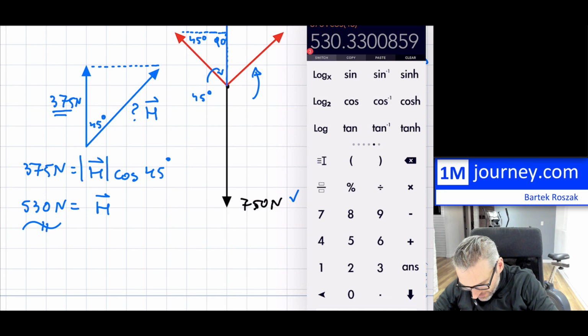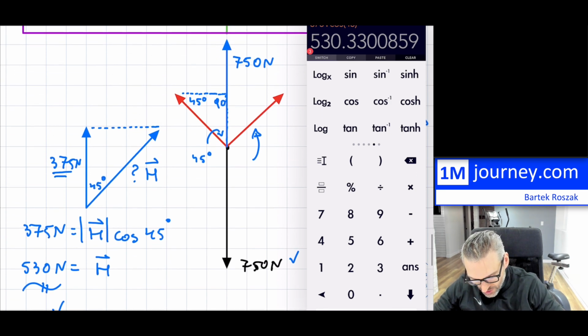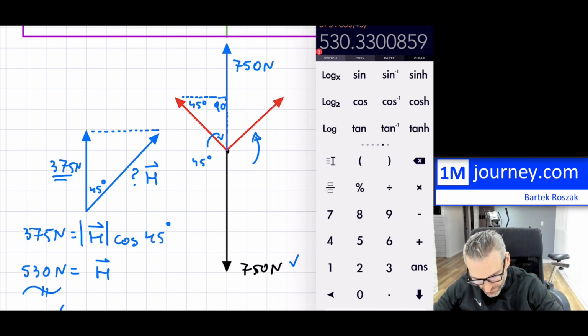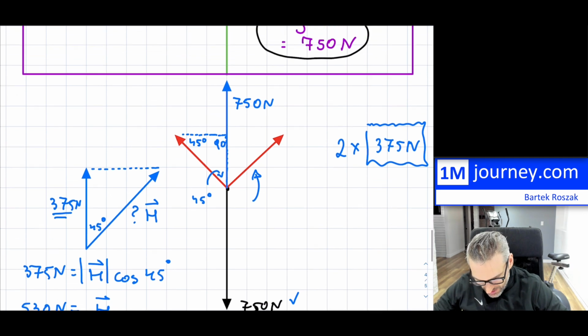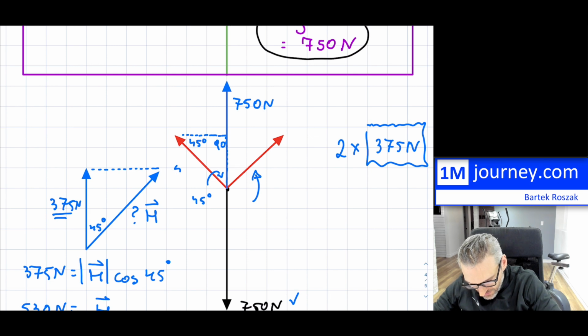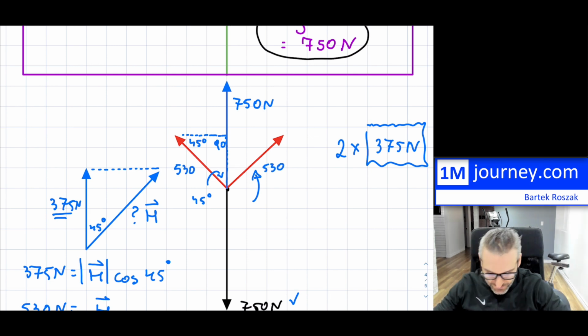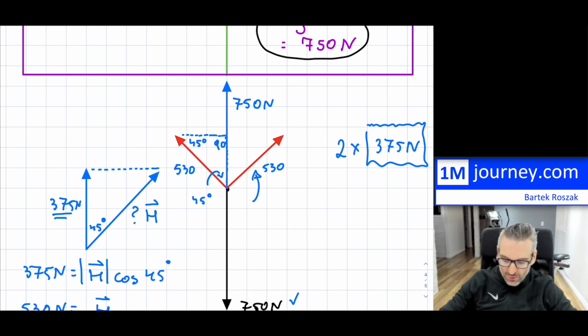Okay, so we have 530, so that means this is also spread on the other side. So now we know what that particular force is. So this is 530 here and then 530 here. Now, you might say, well, it looks like if you do that, you also have a horizontal. That's correct.